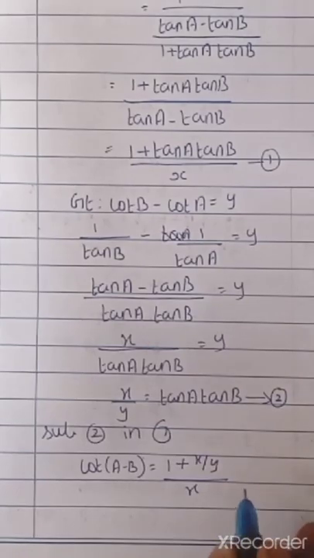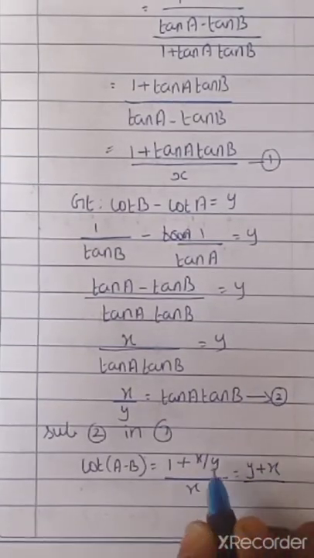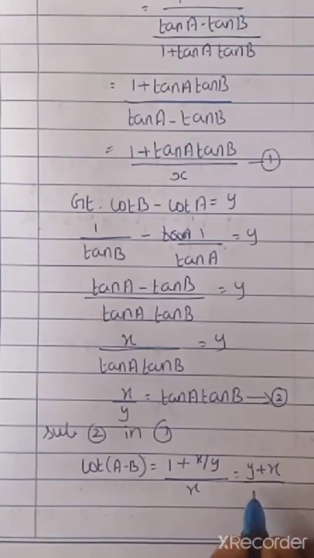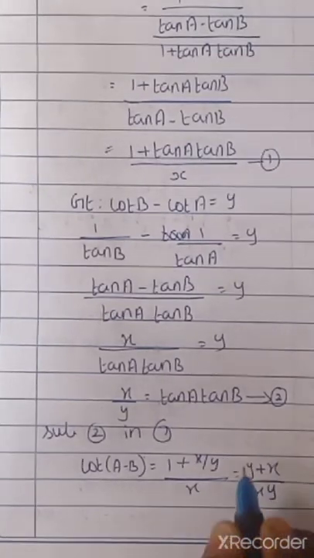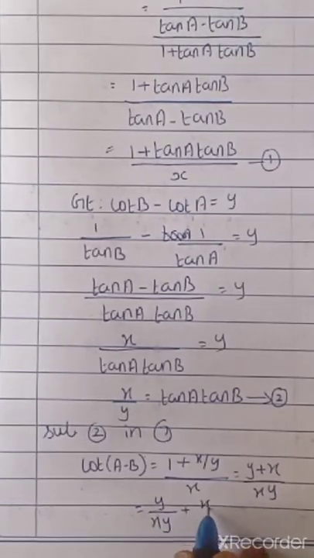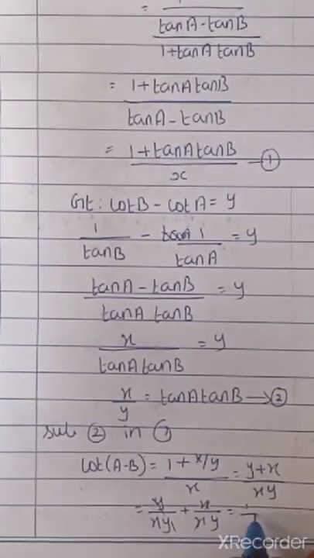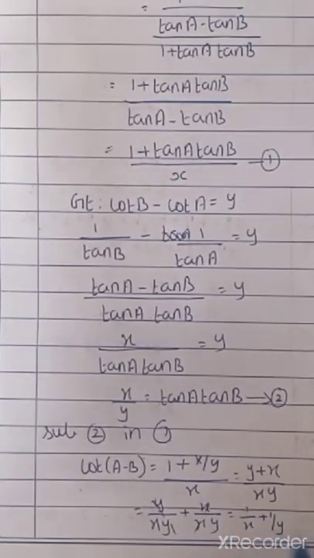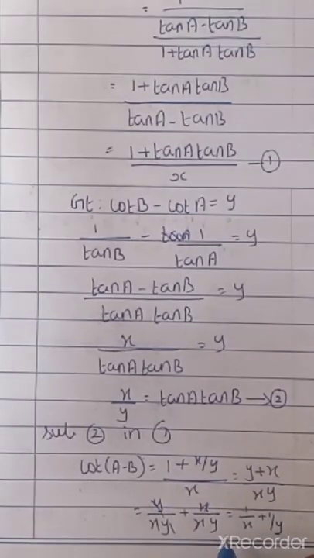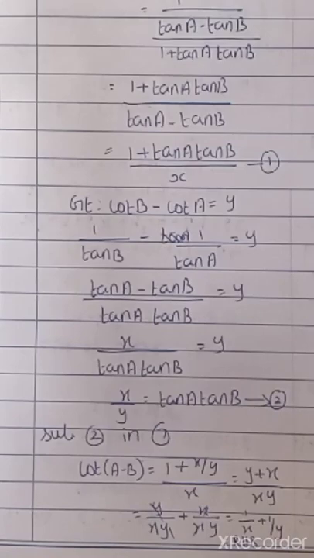Taking LCM in the numerator, y plus x, and bringing y to the denominator, you will get xy. Again splitting this term, you will get y by xy plus x by xy. Cancelling the terms, you will get 1 by x plus 1 by y. That is your right hand side. Hence, it is proved.